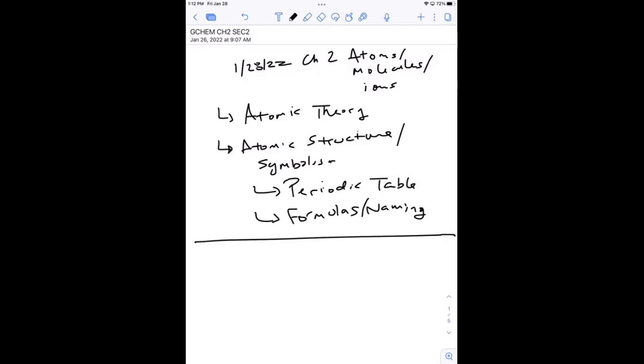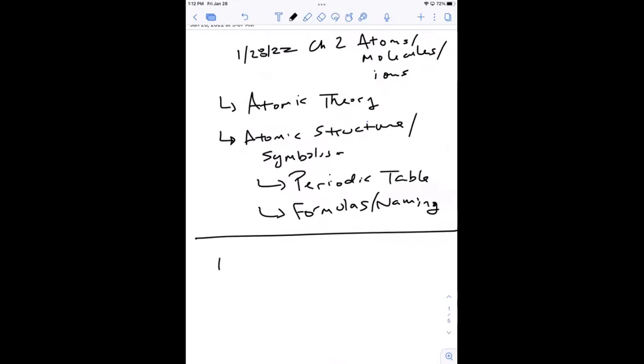Aristotle's idea was that all matter was either earth, wind, fire, or water, right? But eventually, the term atomos came out of that, which literally means indivisible.